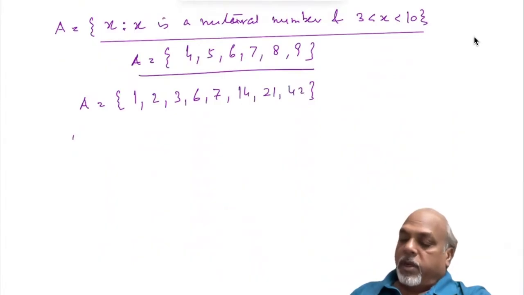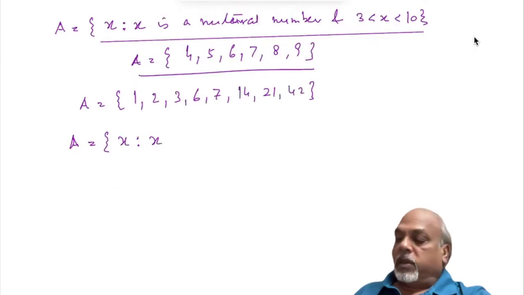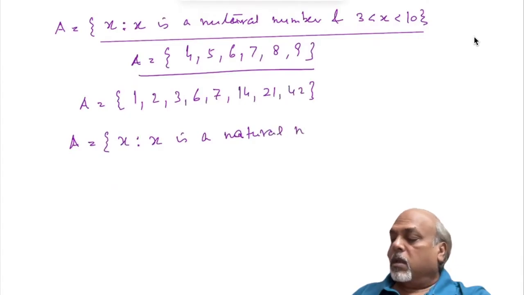If we want to write it in set builder form, we can write simply x such that x is a natural number which divides 42.